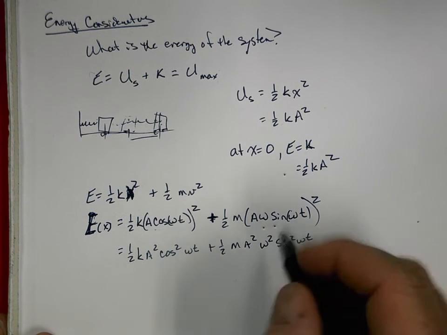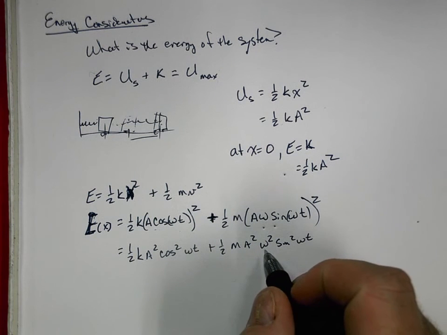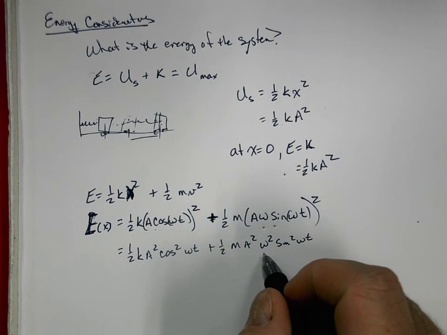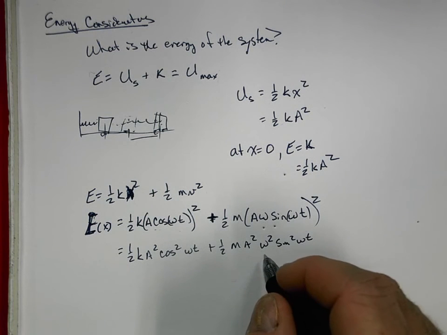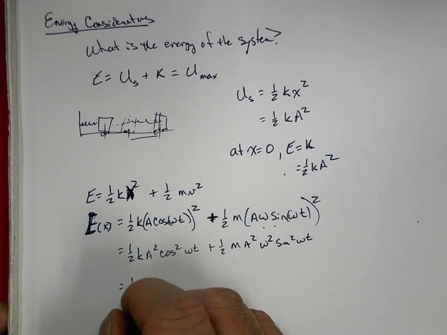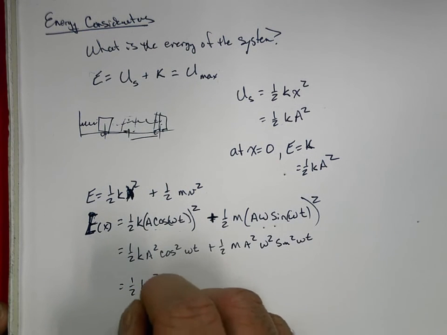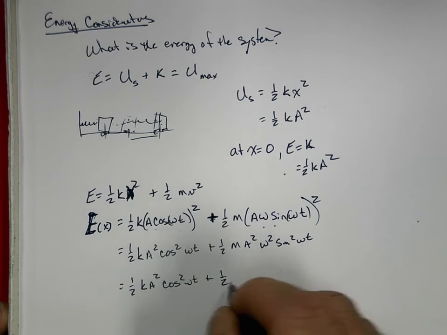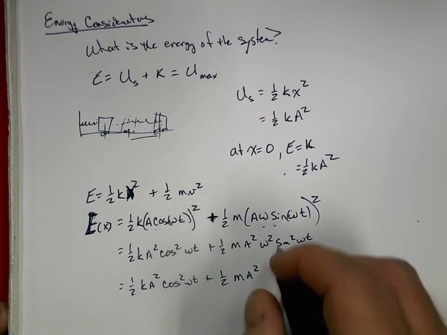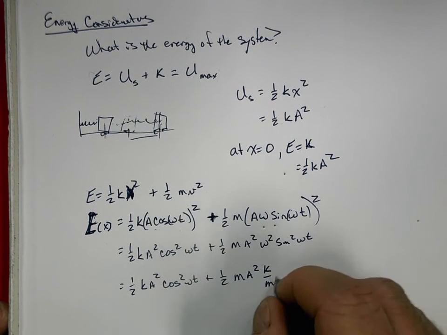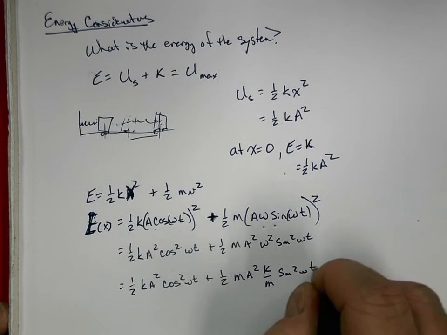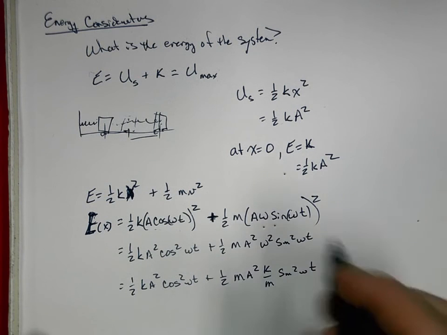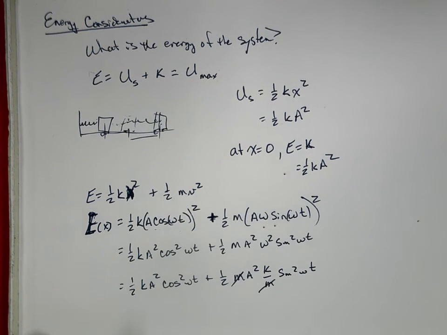Okay, but what was omega squared? Omega squared is K over M, right? As Schmidt said over there, the M's cancel out. So what are we left with?